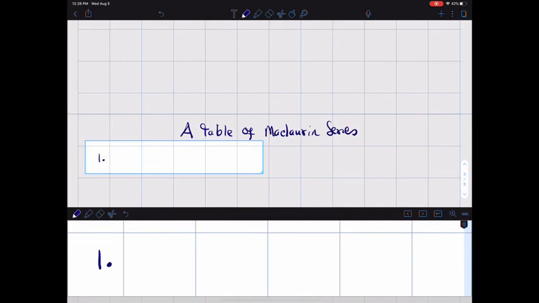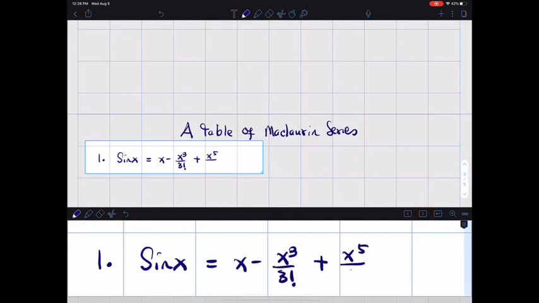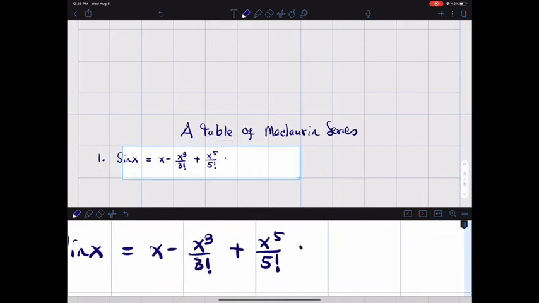So the first one we did was sine of x, which is x minus x cubed over 3 factorial plus x to the 5th over 5 factorial minus x to the 7th over 7 factorial.